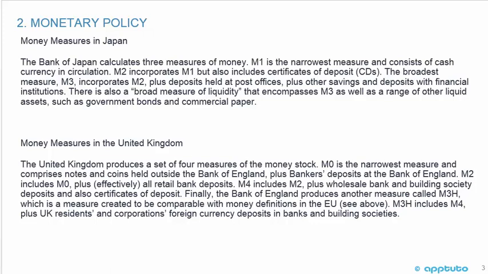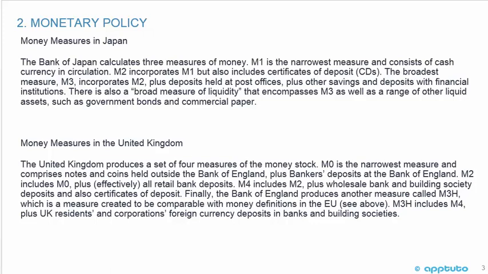Finally, looking at money measures in the United Kingdom, the UK produces a set of four measures, including money stock. M0 is the narrowest measure and comprises notes and coins held outside the Bank of England, plus bankers' deposits at the Bank of England. M2 includes M0, plus effectively all retail bank deposits.